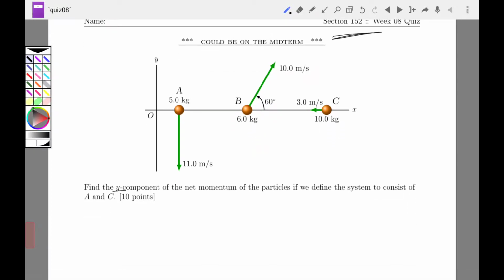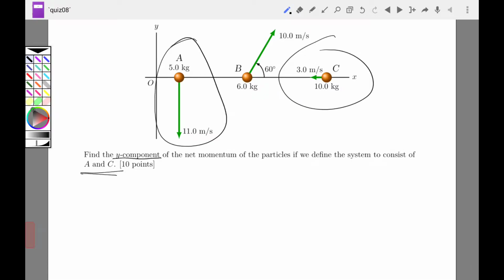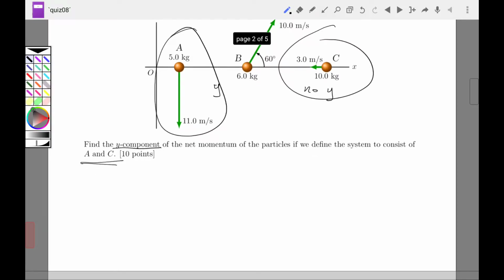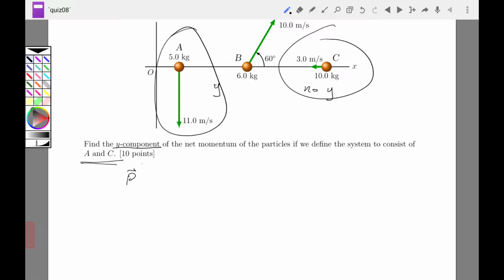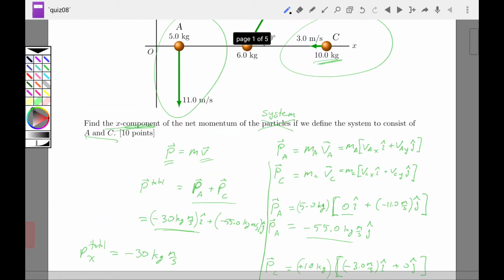This time they're asking for the y component, and the system just consists of A and C. I guess that was the same as before. In this case though, only A has the y component, C, no y component. So by the way, you didn't have to do all of this, right?